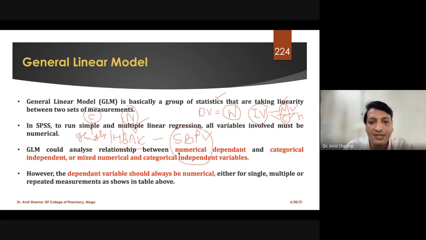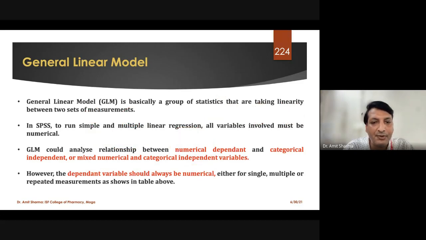So what do the assumptions of GLM say? The numeric variable should always be the dependent. Clear? And the independent can be categorical, or what we call a mixed type. Mixed means we have a numerical as well as a categorical independent variable. Whenever we have a dependent variable in terms of numbers, obviously we have to look for normality.